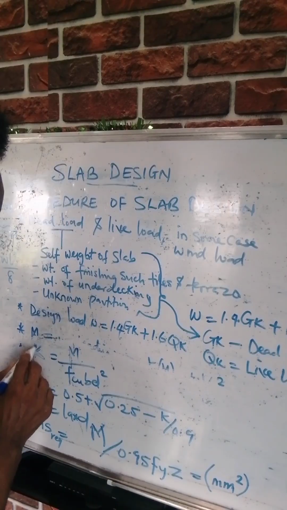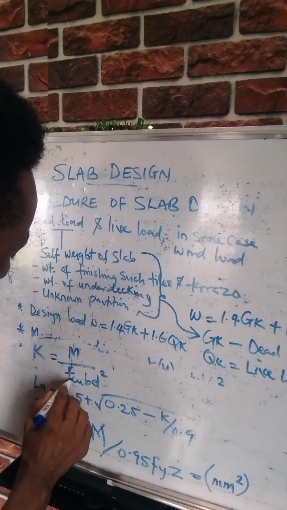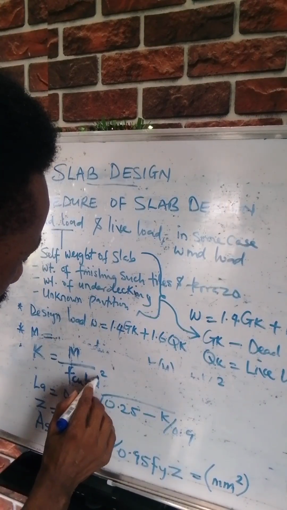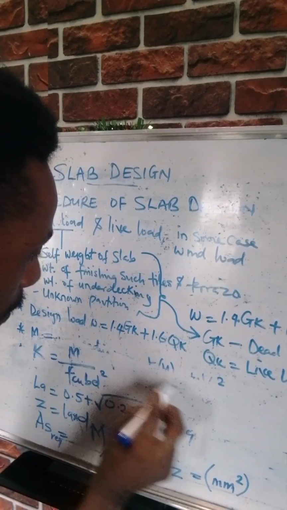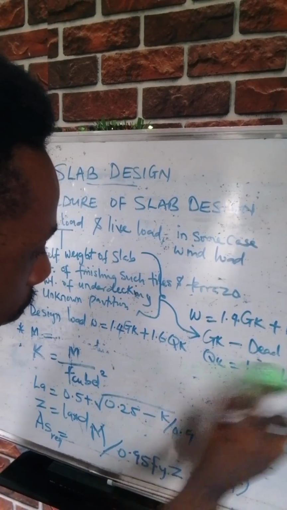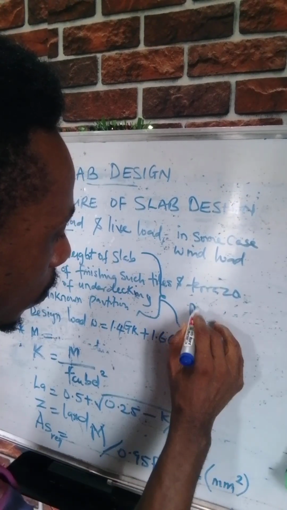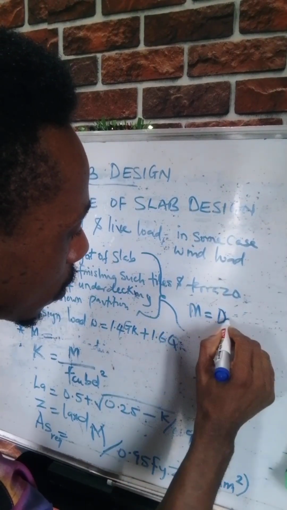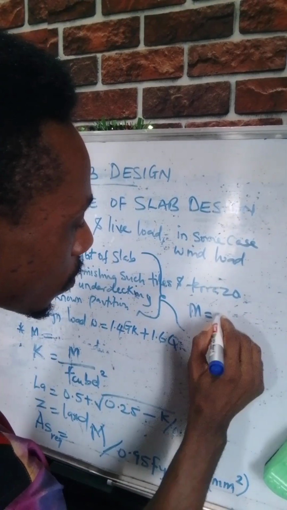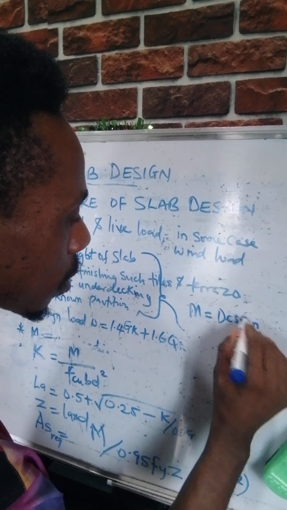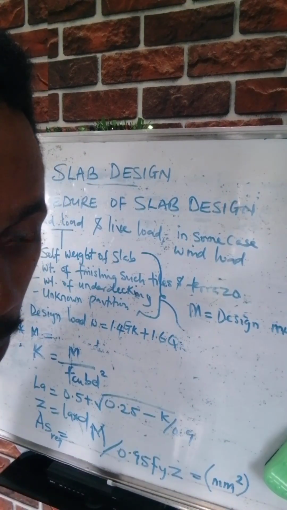So from here, your K value, you have your moment divided by FCUBD square. Now what this simply means is that your M is your design moment.